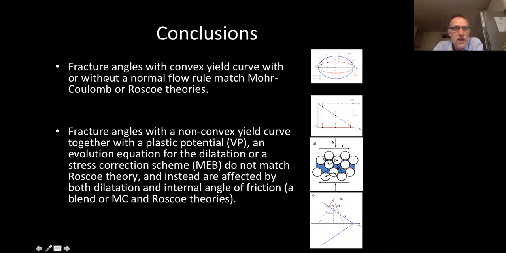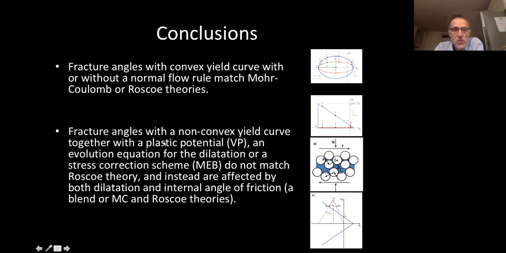In conclusion, fracture angles with a convex yield curve, with or without a normal flow rule, match Mohr-Coulomb or Roscoe theories. This is the icon here to remind you of the result that we presented earlier.